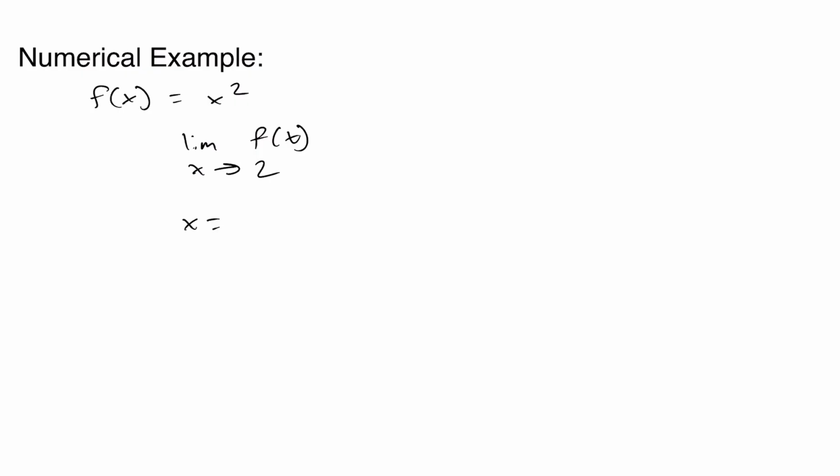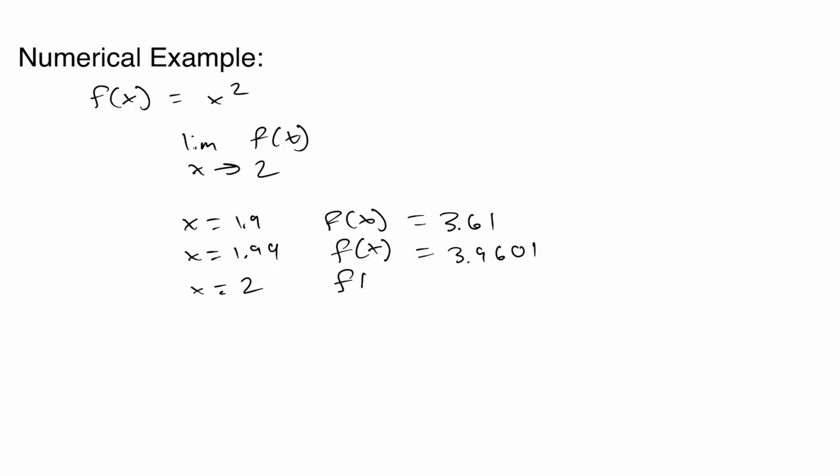So when x is equal to 1.9, f of x is equal to 3.61. When x is equal to 1.99, f of x is equal to 3.9601. When x is equal to 2, f of x is equal to 4.